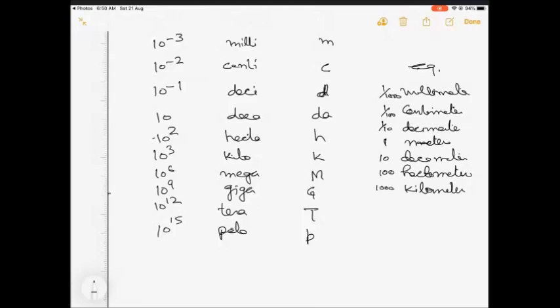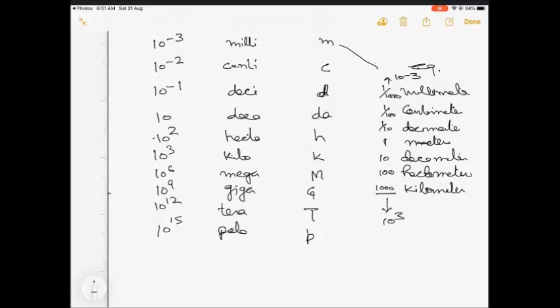If you remember, kilometer means 10 raised to the power 3. Similarly, millimeter you can write as 10 raised to the power minus 3. Similarly, centimeter is 10 raised to the power minus 2. So that is how the whole system is functional here.